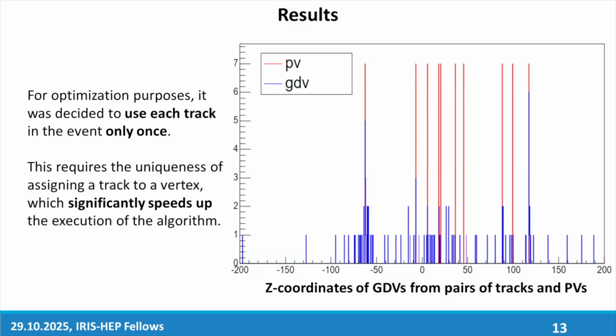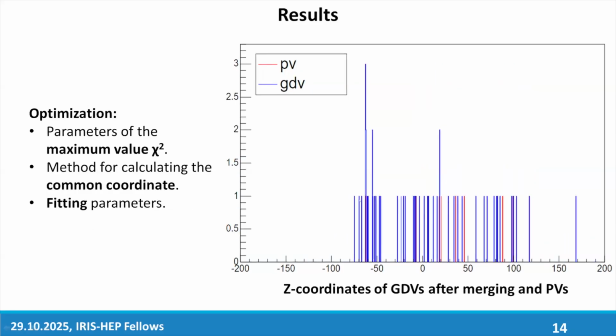So it's good enough because we significantly speed up the algorithm and don't lose any precision. After we make the merge stage, we see these sets of vertices. So there is the GDV and PV, and then we can make the filter for these primary vertices, and then we will see only the GDV which we want.